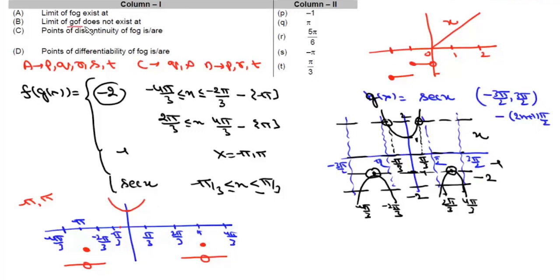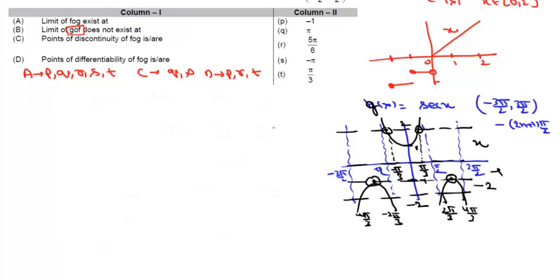And then we have this g of f of x. Now for g of f of x, the definition is only secant x, but here x should not be plus pi by 2. So this is one value missing, and this value will be at pi by 2.